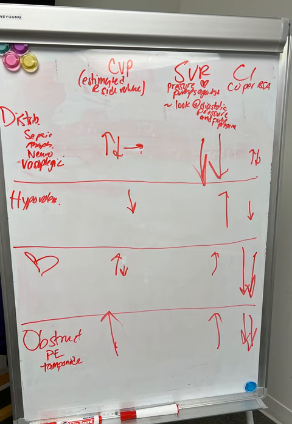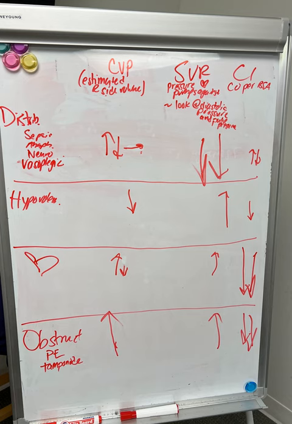We can't measure LVEDV easily, if at all. So what we estimate LVEDV by is LVEDP, left ventricular end diastolic pressure. That's very difficult to get on a regular patient. You have to go to the cath lab.